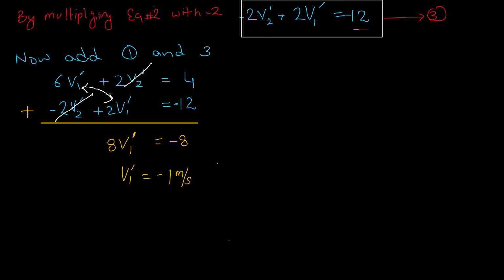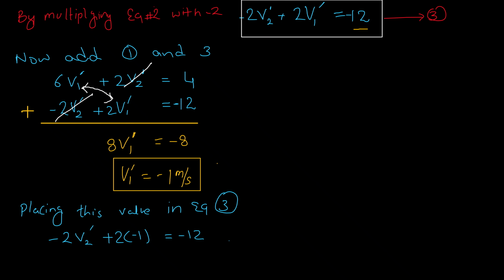And if you rearrange this one, you will get the velocity of the first ball after collision equals minus 1 meter per second. Now if you place these values in equation 3 here, you can get this relation: minus 2v2 prime plus 2 times minus 1 equals minus 12.